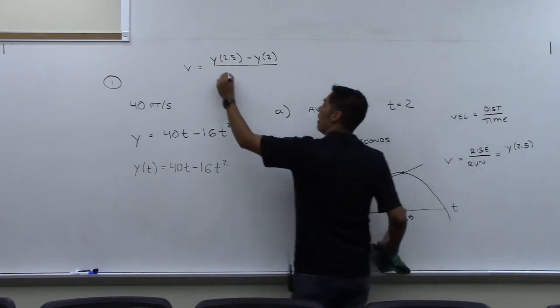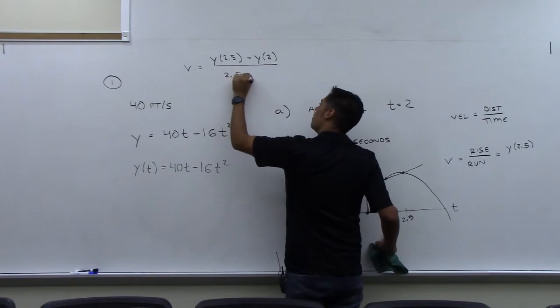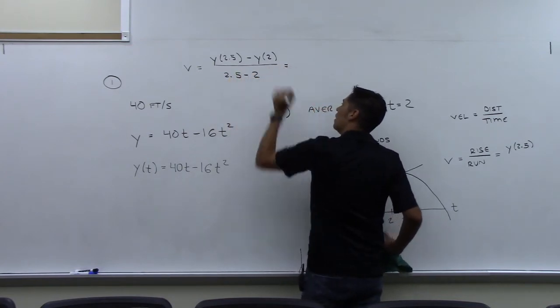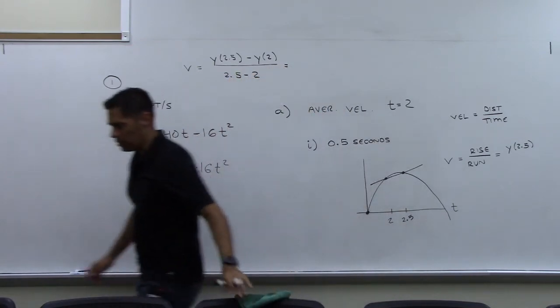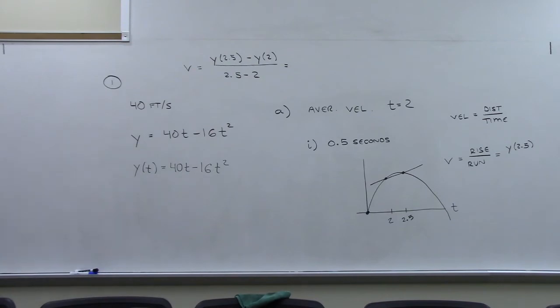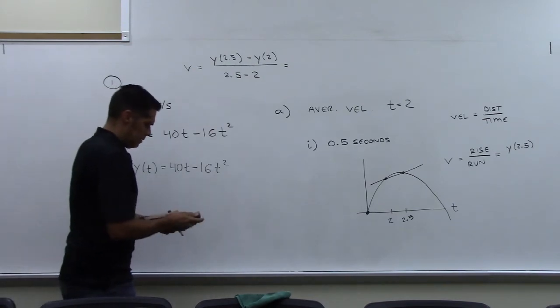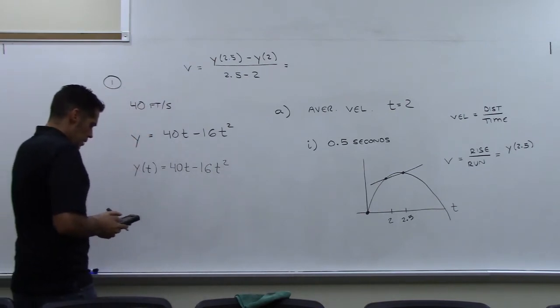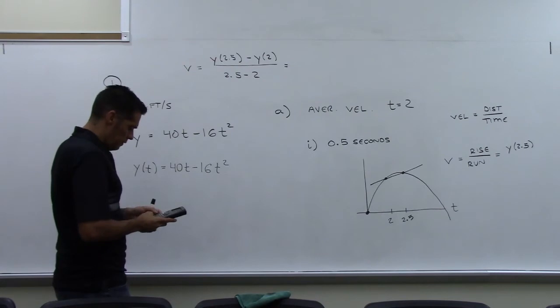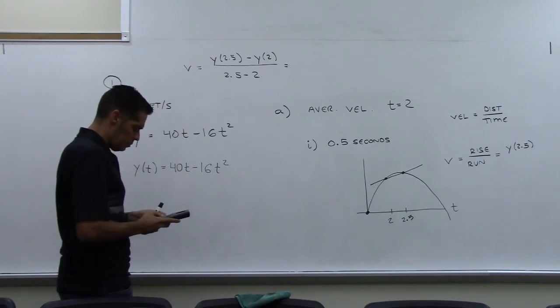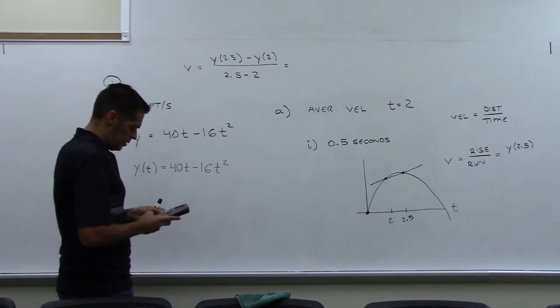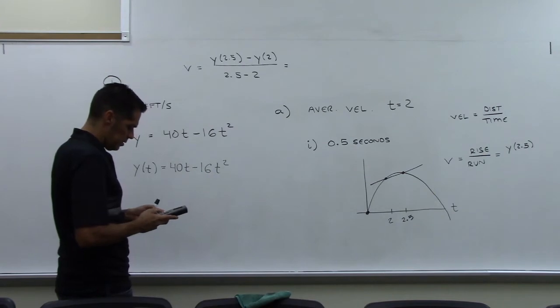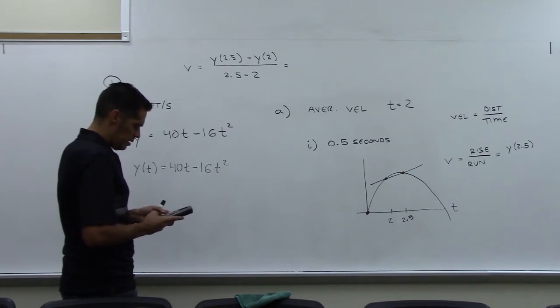So 2.5 minus 2. All right, so I'm going to have to break out my calculator. And I'm going to first plug in 2.5 into this. So 40 times 2.5 minus 16 times 2.5 squared.